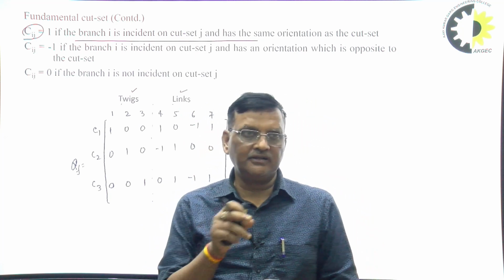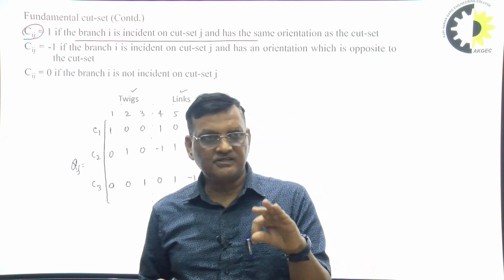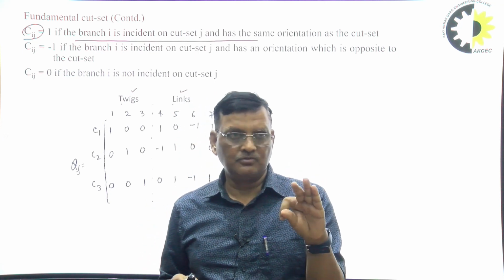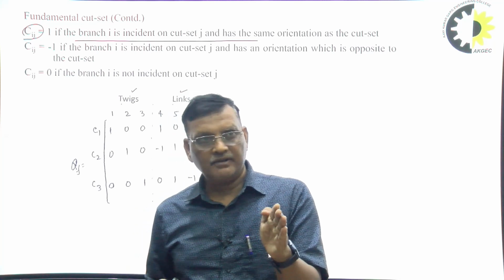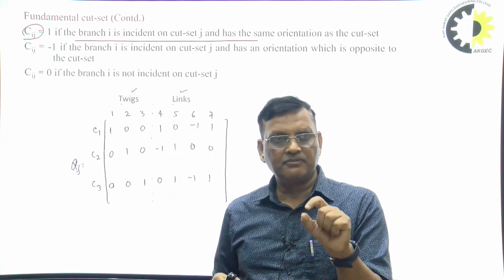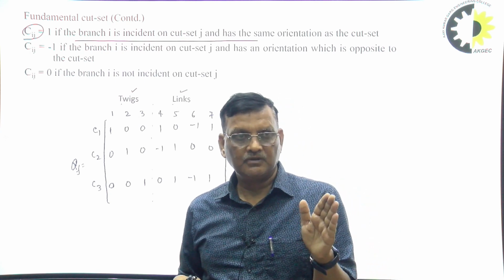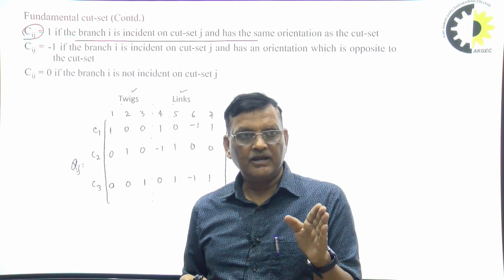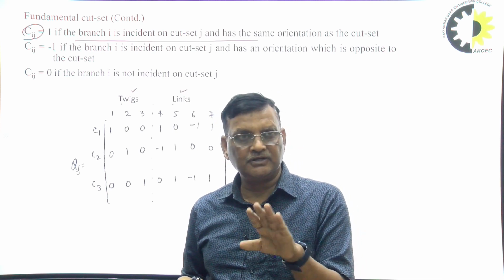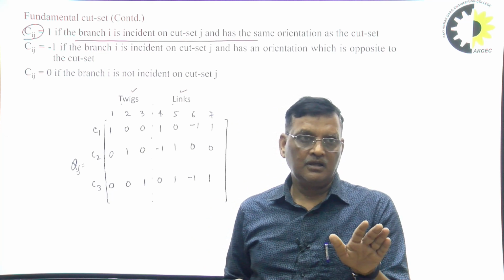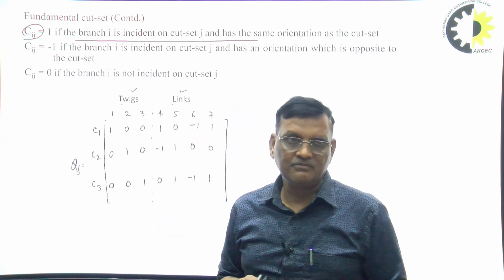We can make the entries if a branch is incident at node 1 and 2. Suppose branch 1 is between node 1 and 2, and its orientation is towards node 1, then A11 will be -1, and A12 will be +1 because it is oriented away from node 2. This way we can fill up all the entries in the incidence matrix.